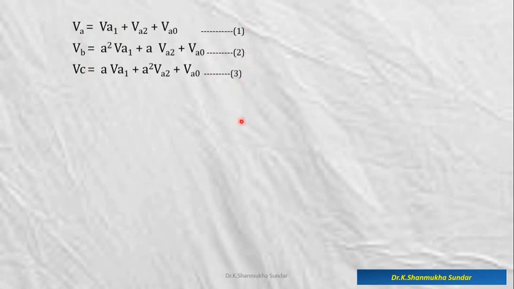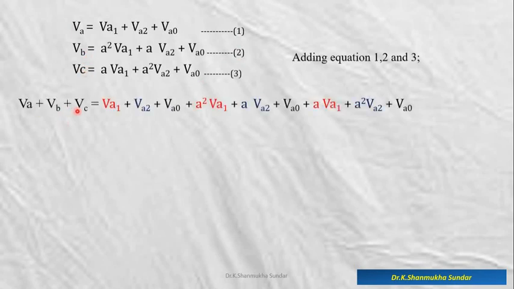Now what you have to do is add all these three equations. Adding equations 1, 2, 3, on the LHS we get VA plus VB plus VC. On the right, we add all the VA1 components: VA1, A square VA1, A VA1.